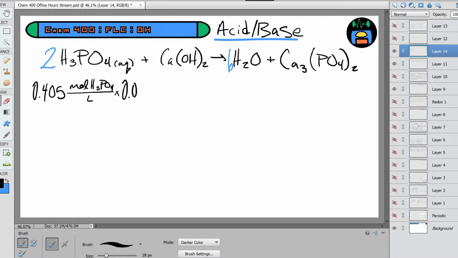Of course, we have to convert 25 milliliters to liters to get our units to properly cancel. Next, we got to convert from moles of phosphoric acid to moles of our salt, which is calcium phosphate. And this is a 2-to-1 ratio.